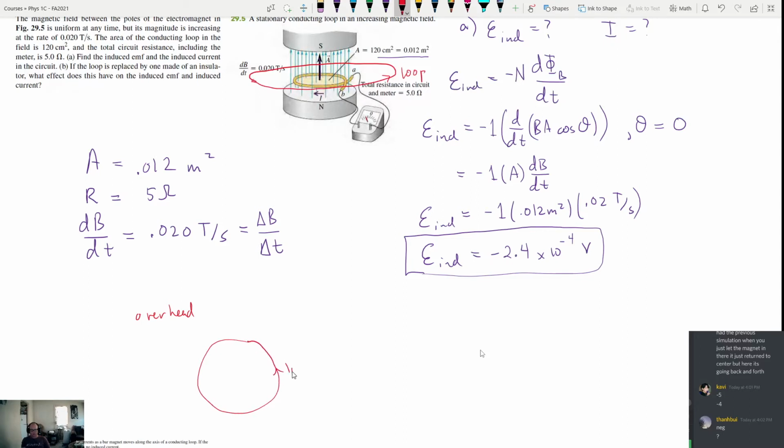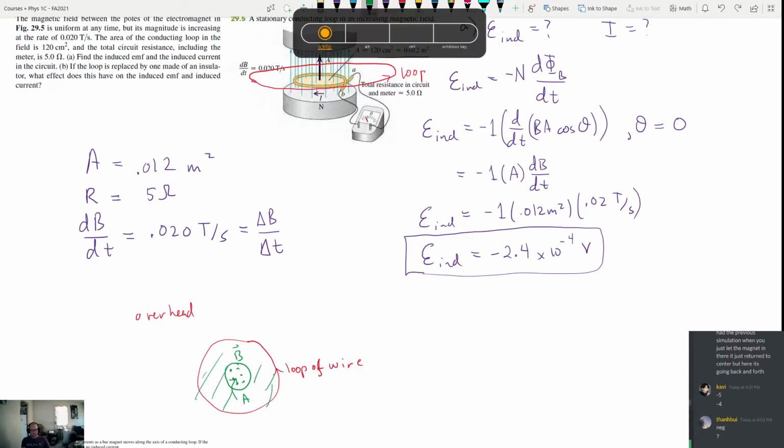This would be our loop of wire. And if the magnetic field only existed in this little region right here, that's the magnetic field coming out like that, then the area that you would use would be this area here, the inner area. All of this region out here would not count. I don't know that the book ever says that, but it's true.